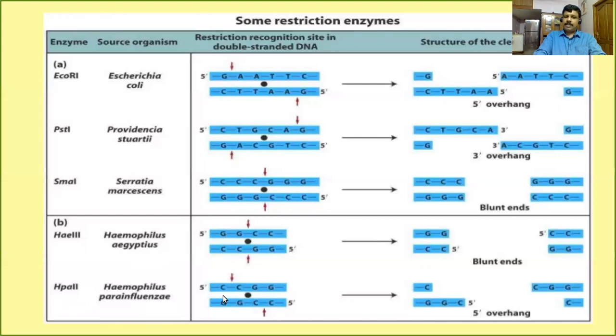Its recognition sequence is CCGG. So all recognition sequences or restriction sites have 4 to 8 nucleotides.